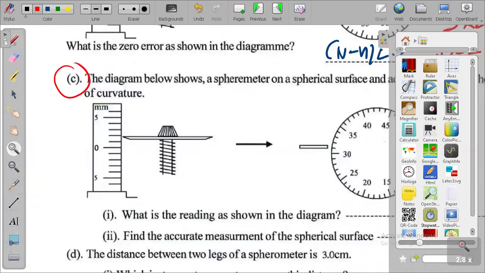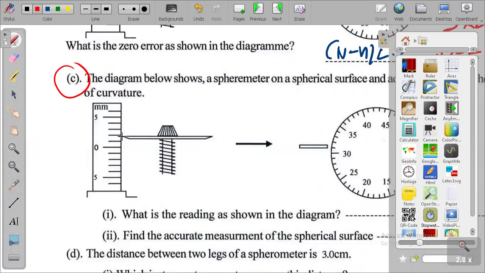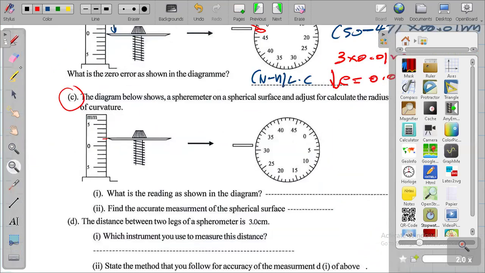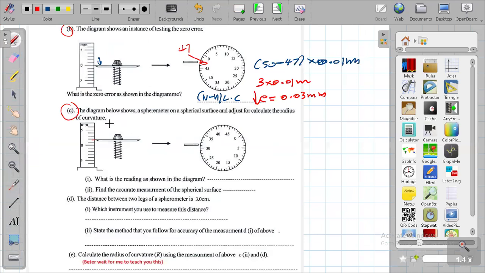This one has really not gone past 2. It is still 1 point something. So the reading is the main scale, 1 millimeter.